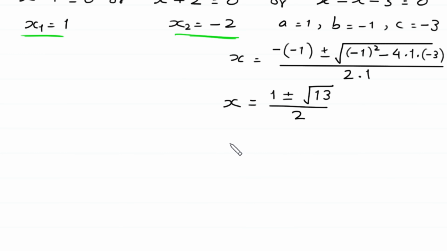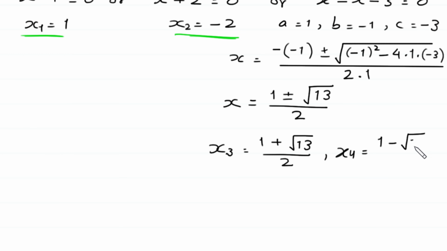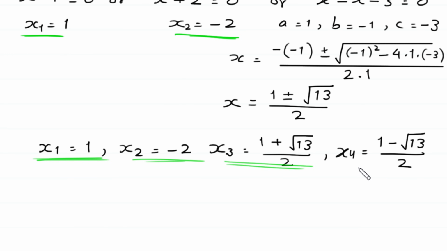So from here we get the two values of x. x3 is equal to 1 plus square root of 13 over 2, and the value of x4 is equal to 1 minus square root of 13 over 2, and the value of x1 is equal to 1, and the value of x2 is equal to negative 2. So these are the four solutions of this equation.